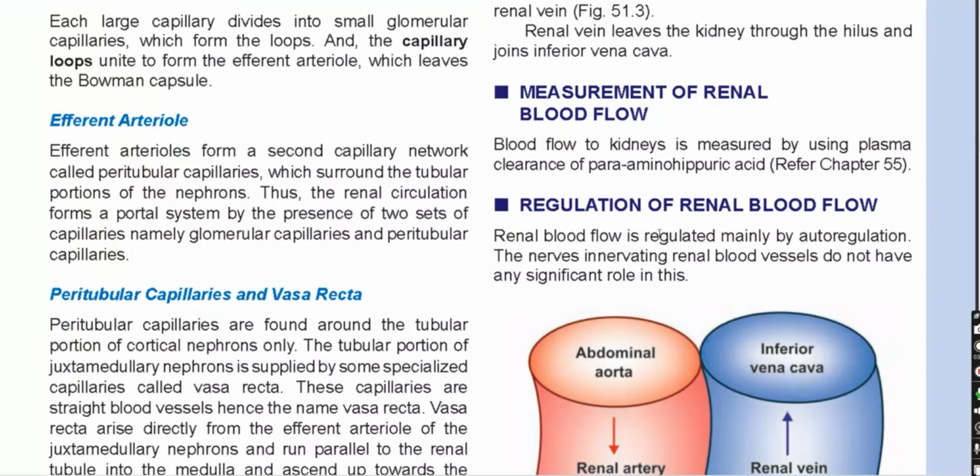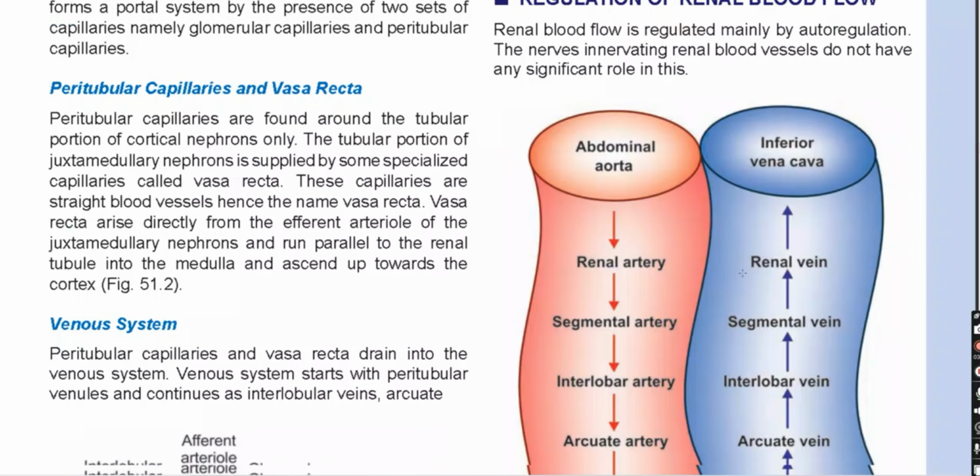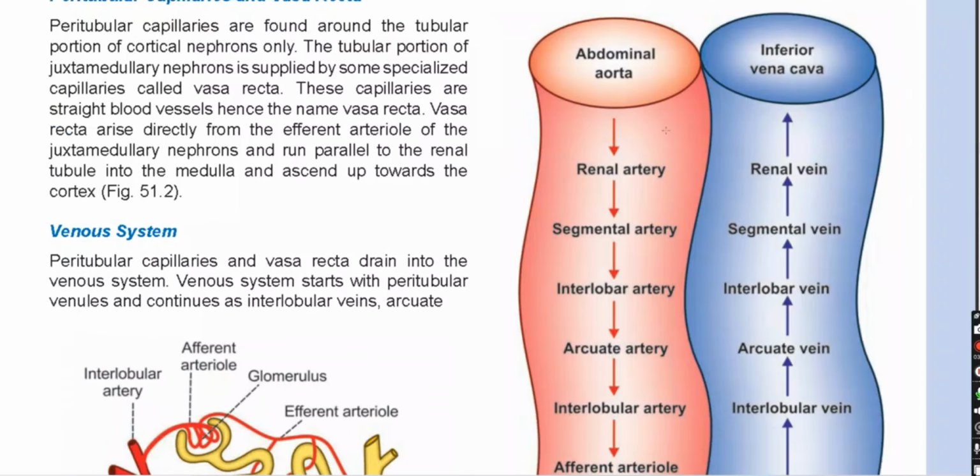If you see the circulation process, this is the way: abdominal aorta, then renal artery, then segmental artery. It goes to the interlobar artery, then forms the arcuate artery, and after that the interlobular artery is formed. From the interlobular artery arises the afferent arteriole, and from here the glomerular capillaries and efferent arteriole.